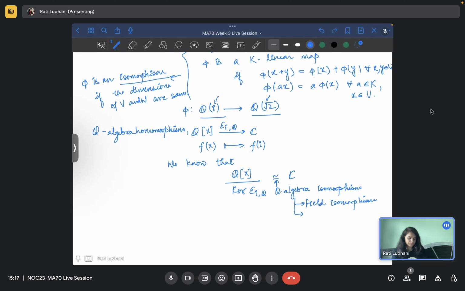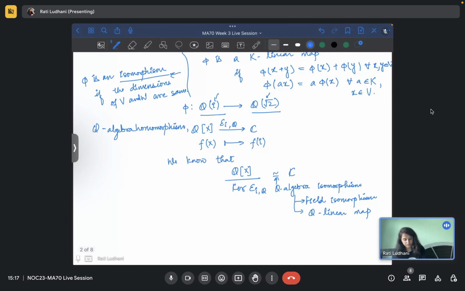And second, it should be a Q linear map. So vector space isomorphism means linear map. So these two things should be there. I should write image of this map, not the whole space.